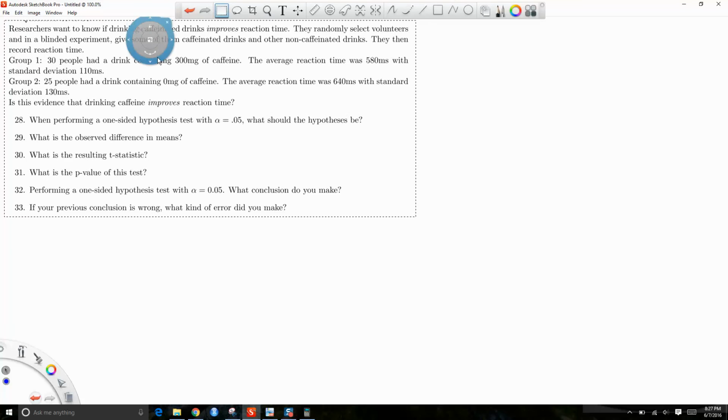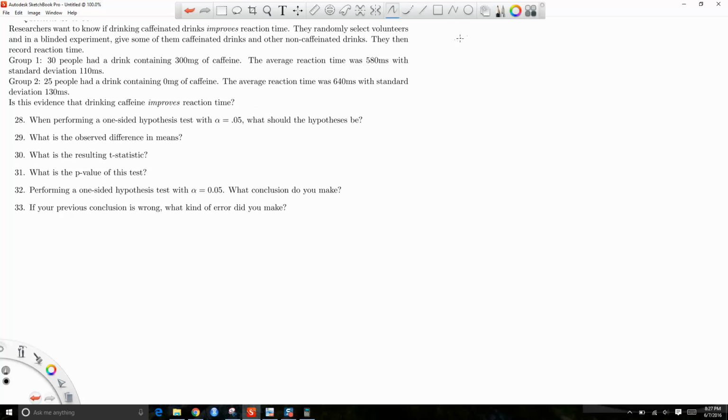Certainly seems that way in the morning, right? They randomly select volunteers in a blinded experiment, gave some of them caffeinated drinks and others non-caffeinated drinks, and then they record reaction time. These people got caffeine and this was their reaction times, and these people didn't get caffeine and this was their reaction time.